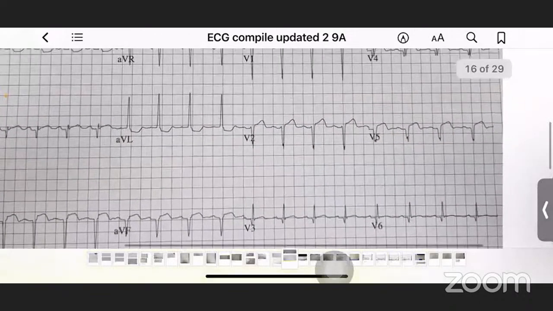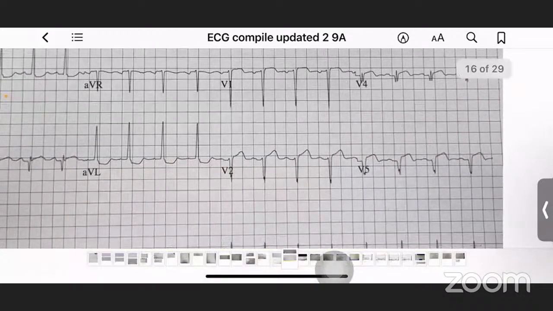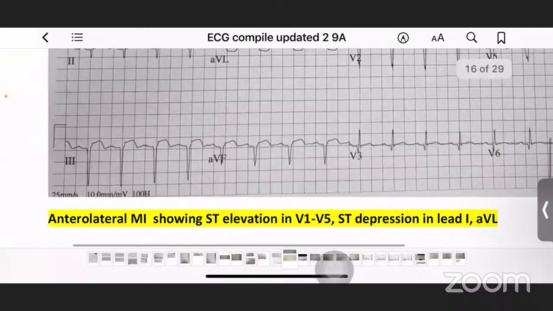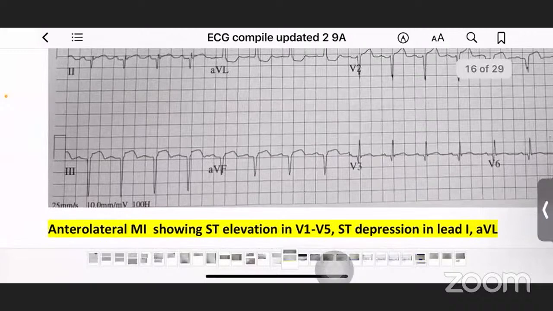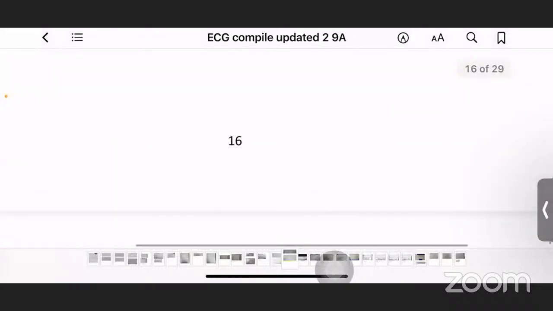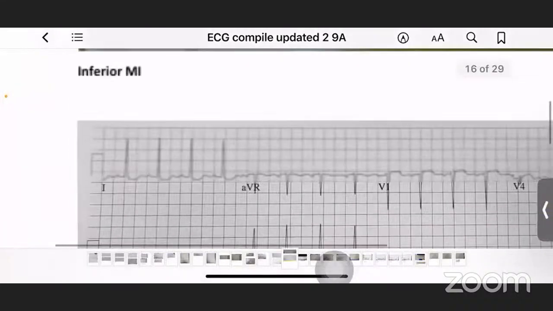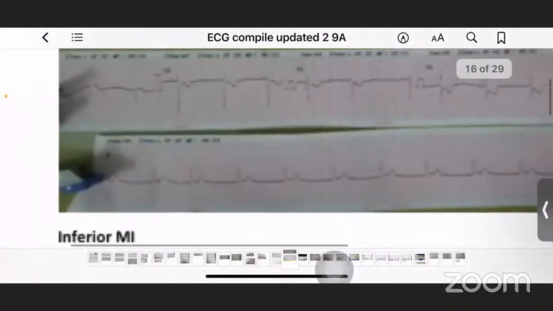But also anterior because V4, V5 are also involved. But the 2, 3, AVF I didn't include. Also got inferior MI.